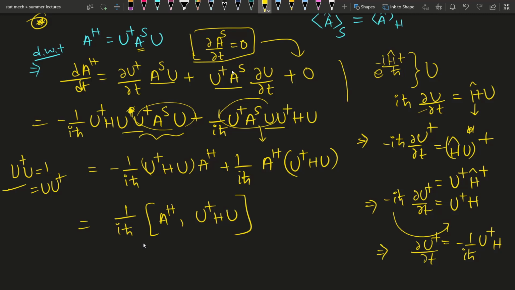Now what will be the H in the Heisenberg picture?